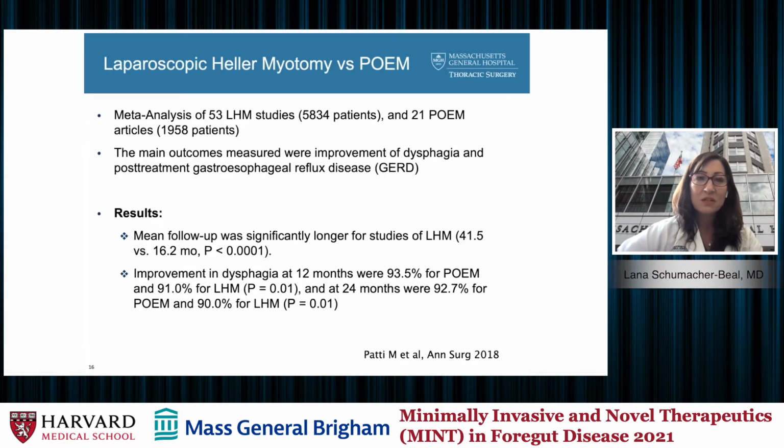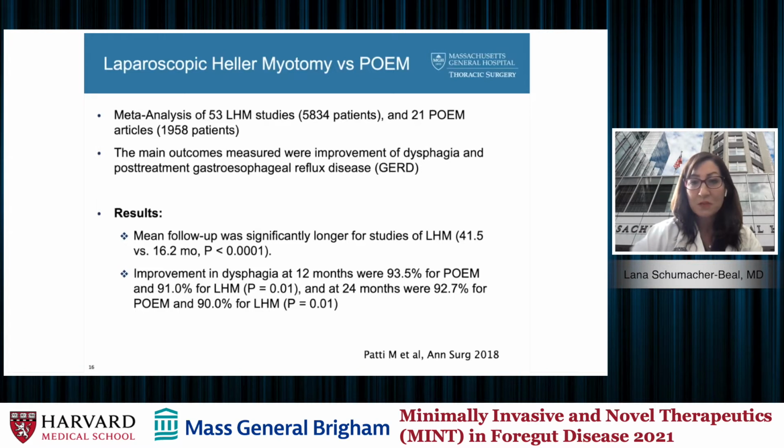That is one of the discussions of a laparoscopic Heller versus a POEM. So the results show that the mean follow-up was significantly longer in the laparoscopic Heller group than the POEM group, but there was improvement in dysphagia at 12 months for the POEM group at 93% versus 91% for the laparoscopic Heller.